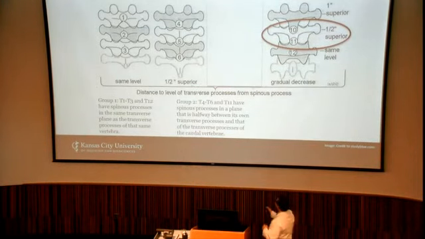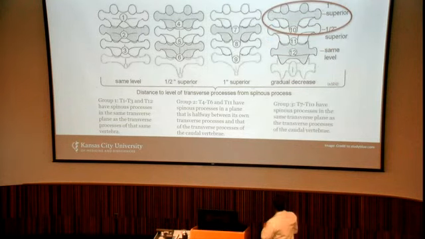They have their spinous process in a transverse plane between its own transverse processes and the transverse processes of the caudal vertebrae. And finally, group 3, which is T7 through 10, have their spinous process in the transverse plane with the transverse process of the caudal vertebrae.